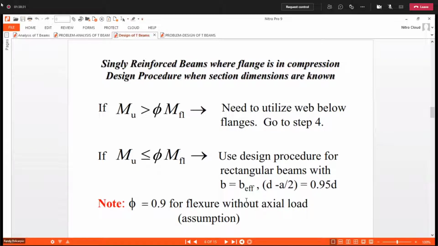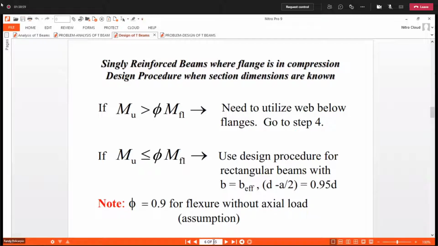So, ibig sabihin, yung b effective, o yung b ng beam mo will be equal to b effective. So, yun. Then, d minus a over 2 approximated to 0.95d.